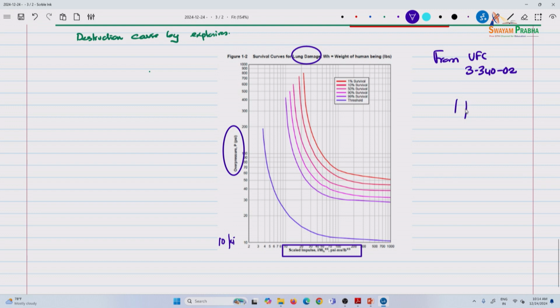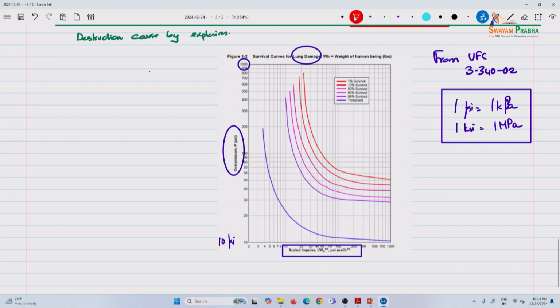So remember, 1 PSI is about 7 kilopascals, and 1 KSI is 1000 PSI. Keep these two numbers in mind for quick conversions. So 10 PSI all the way to 1000 PSI, but once you start getting into a 100 PSI range, this itself is very high.